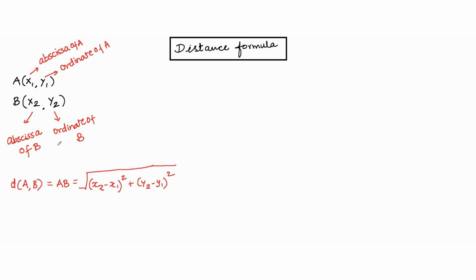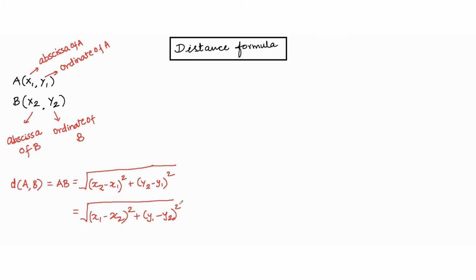So the distance between any two points with coordinates x1, y1 and x2, y2 is given by the square root of (x2 minus x1) the whole square plus (y2 minus y1) the whole square. I can also write this as the square root of (x1 minus x2) the whole square plus (y1 minus y2) the whole square, right?